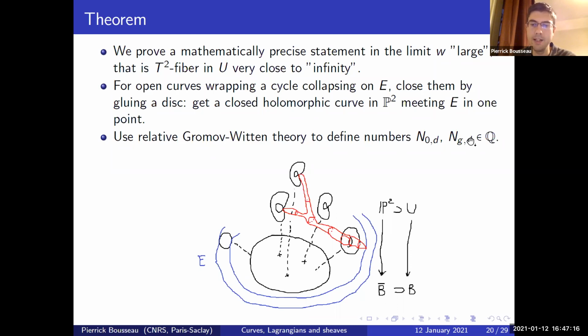So for every d, some degree, we'll look at degree d curves in P2, meeting the elliptic curve in a single point, and I will look at genus g such curves. And here I'm skipping some details, but the claim is that using relative Gromov-Witten theory, you can define some numbers, N_{g,d}.